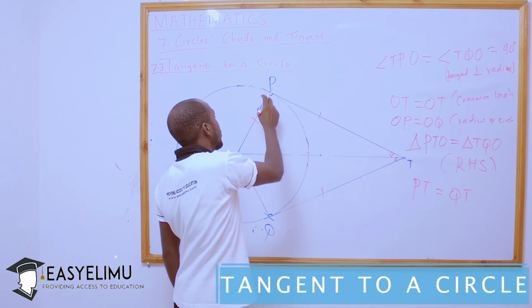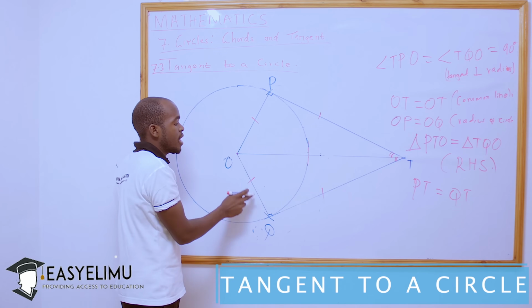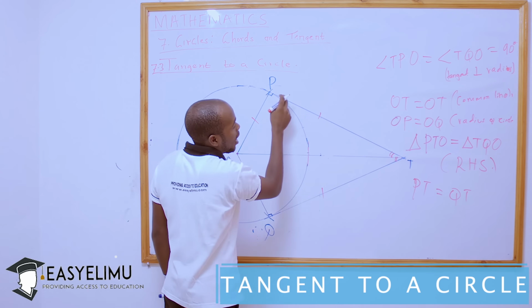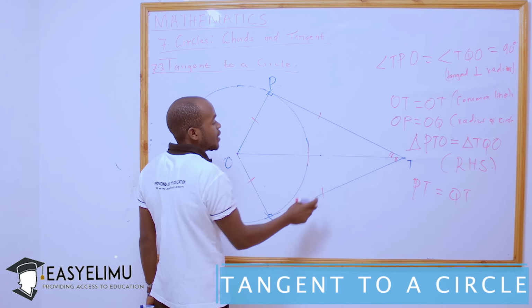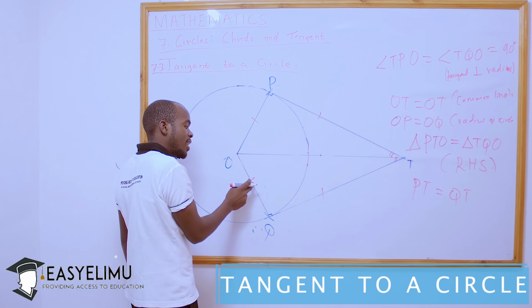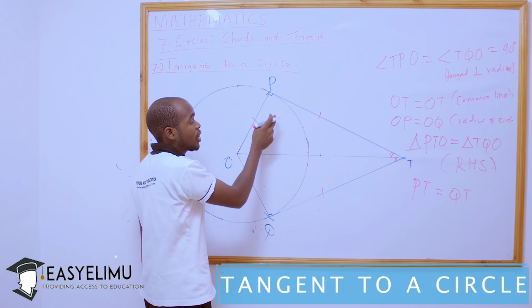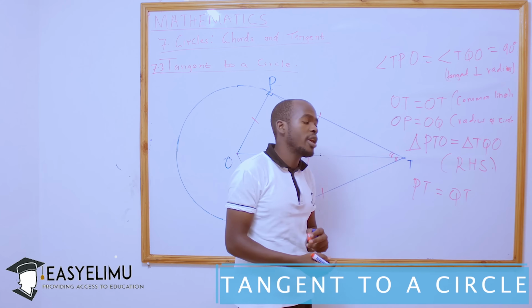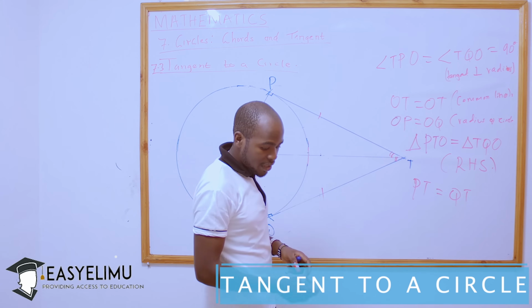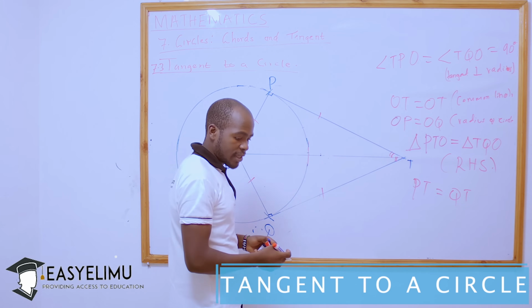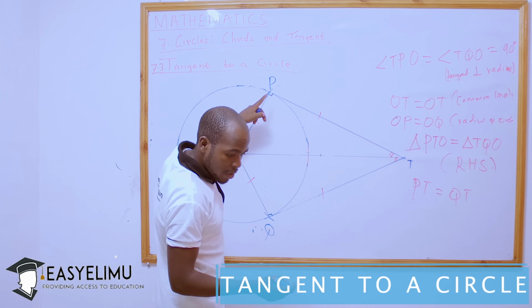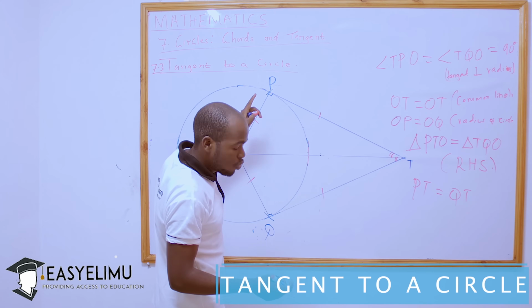Since the radius is common and the tangents are tangents, with right angle triangles, side QT and PT will be equal. That is how we can prove it, if we were told to prove PT equals QT.